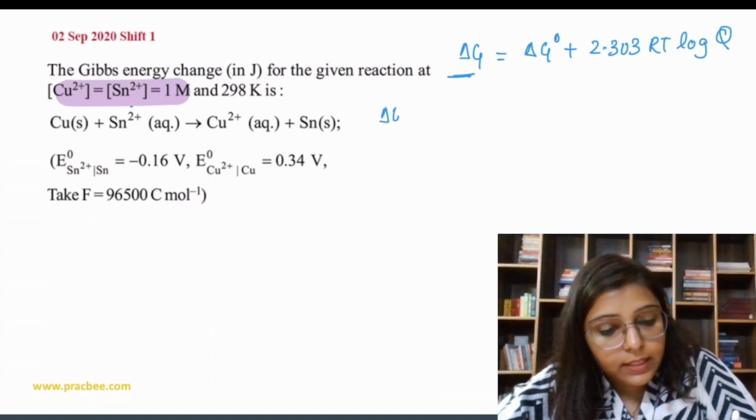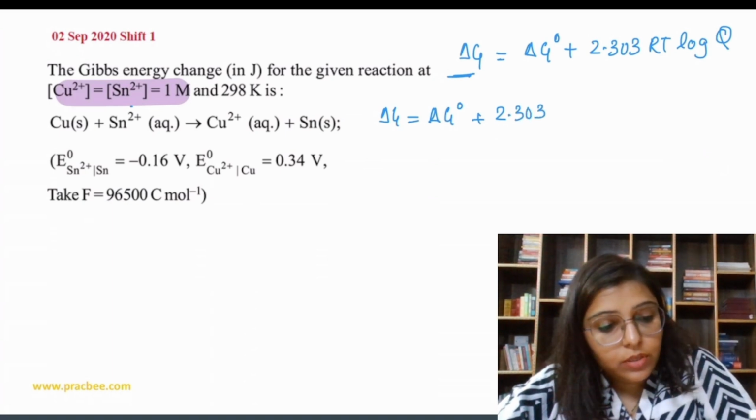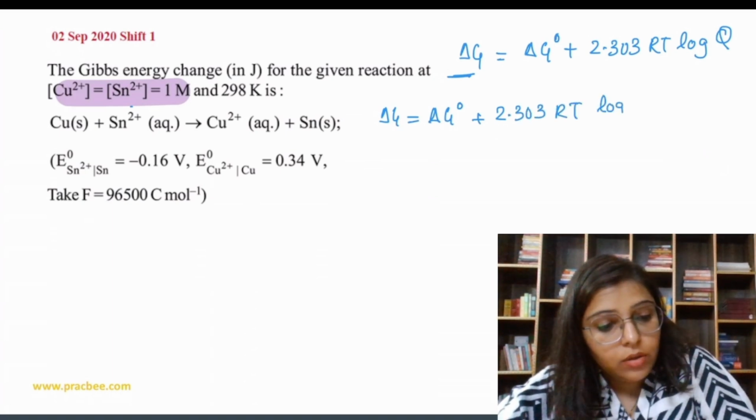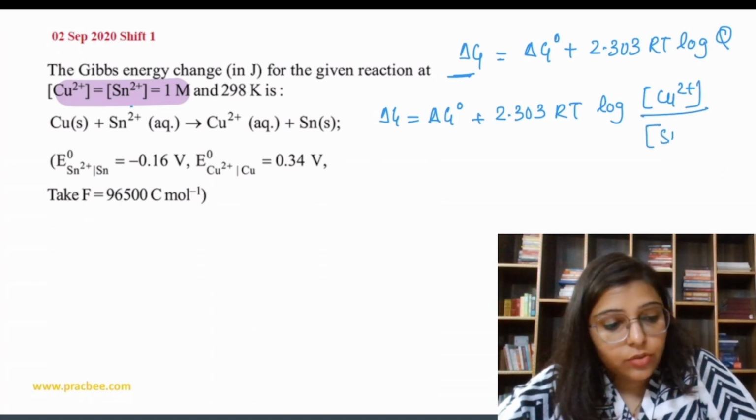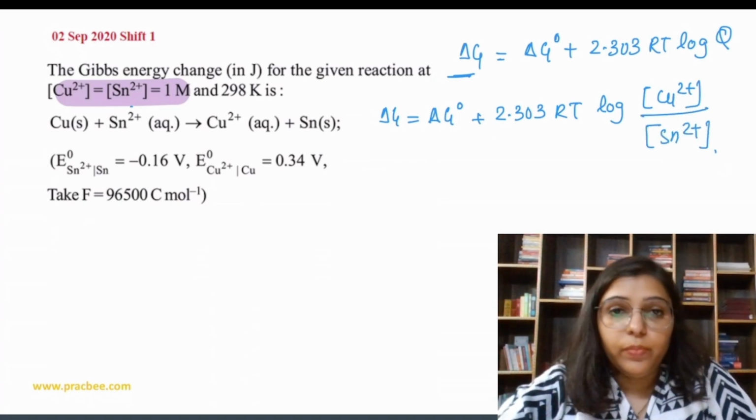So delta G is equal to delta G naught plus 2.303 RT log concentration of copper 2 plus divided by concentration of Sn2 plus, right or wrong?